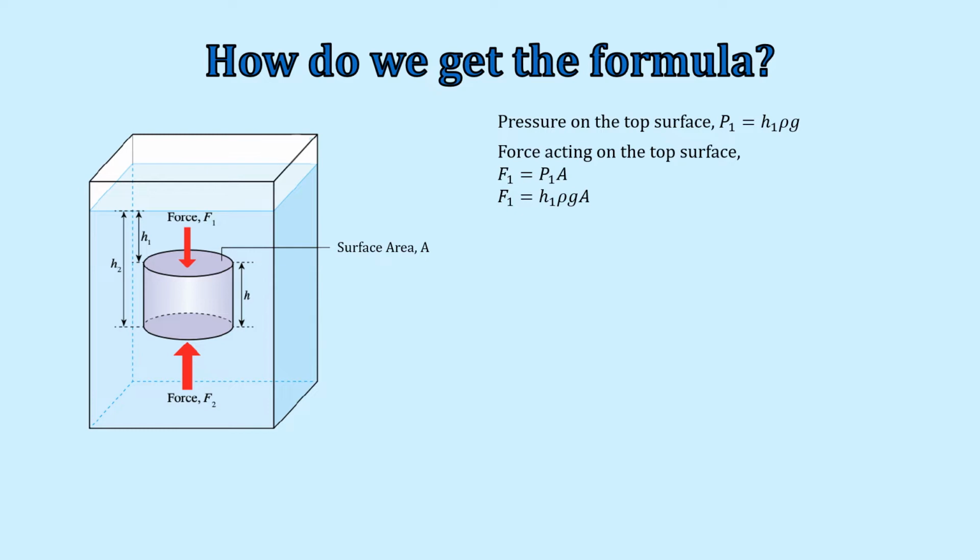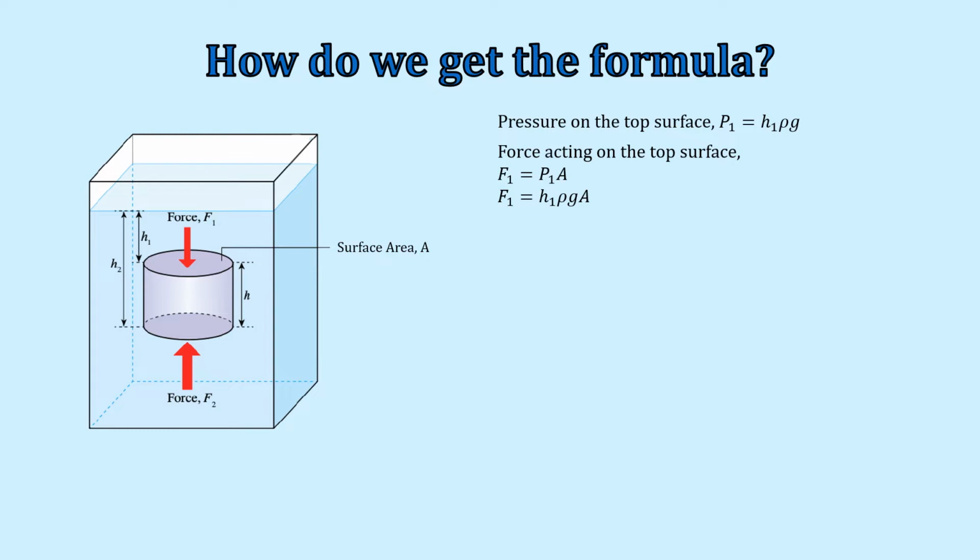If you can see in the diagram, there is a force exerted on the top surface, and we will put it as F1 equal to P1 A. We already have P1 in this case, so we can insert it in the formula.